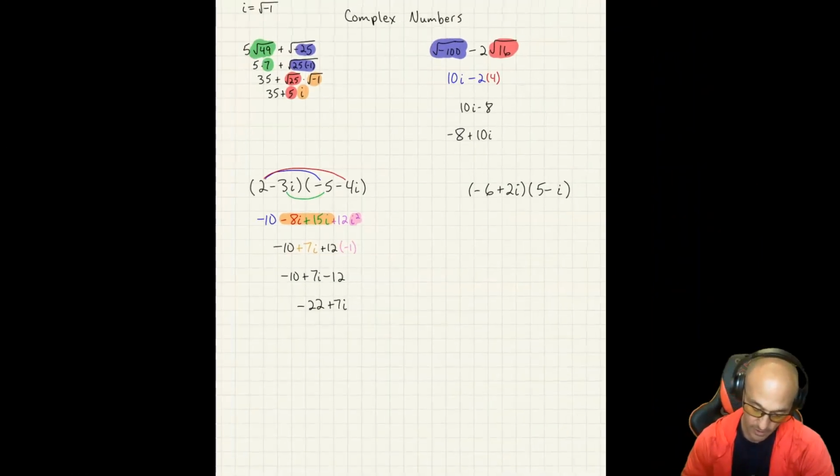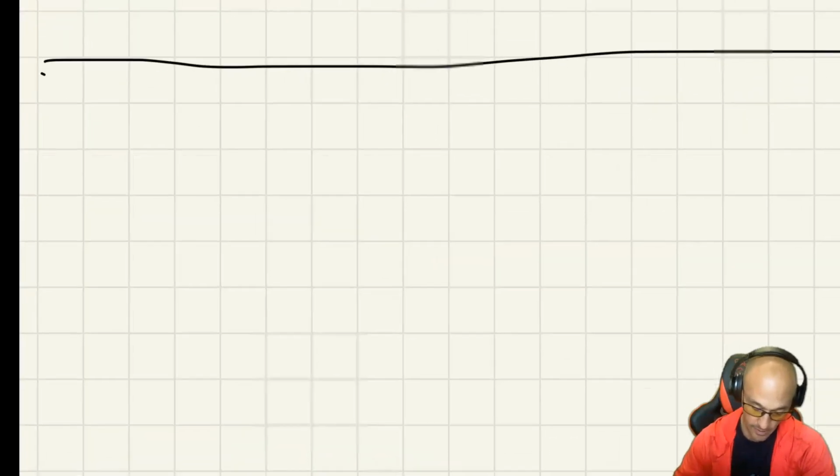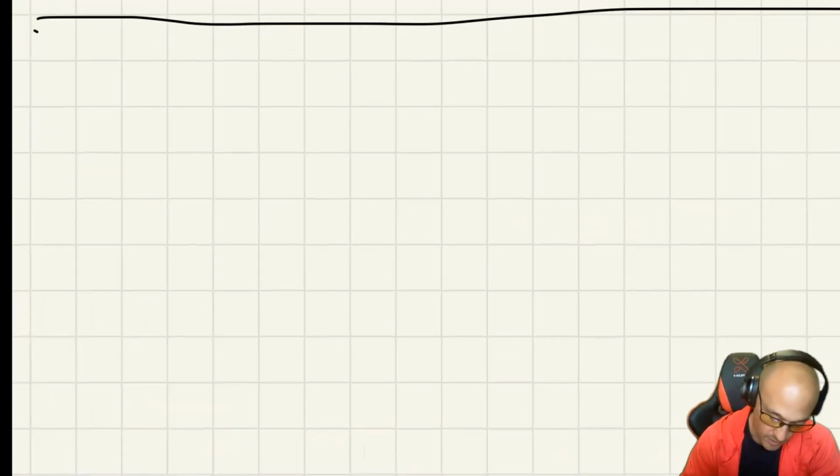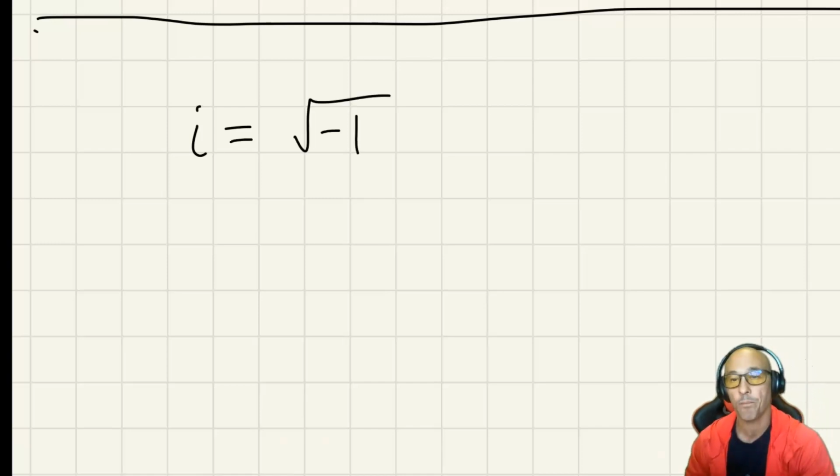I have some room down here at the bottom that I should be able to use. And we're going to just start with the fact that i is equal to square root of negative 1. And that's just a definition.